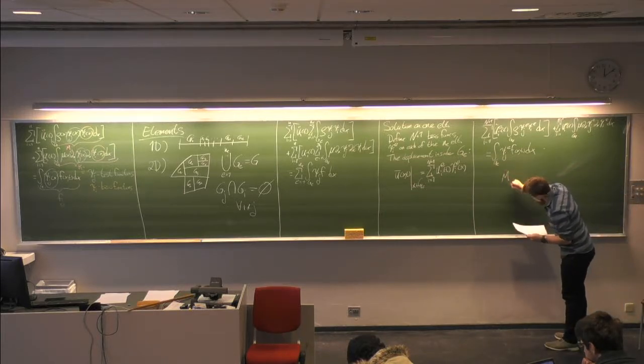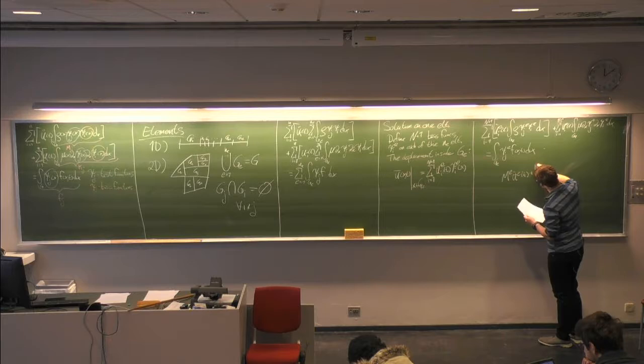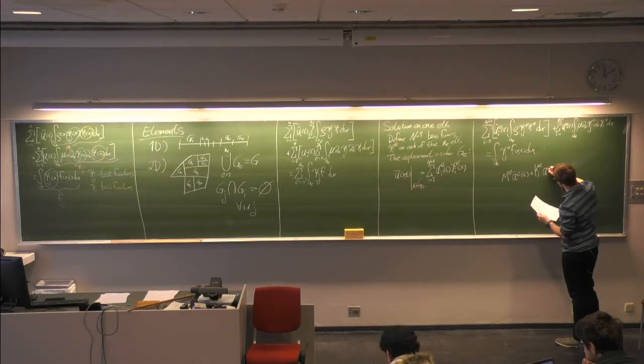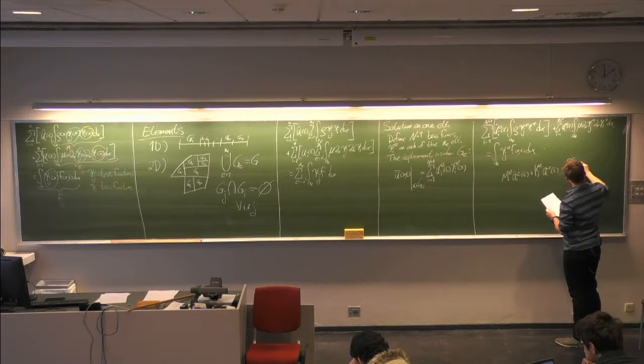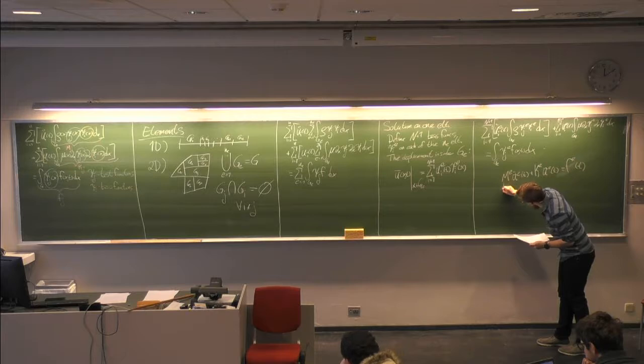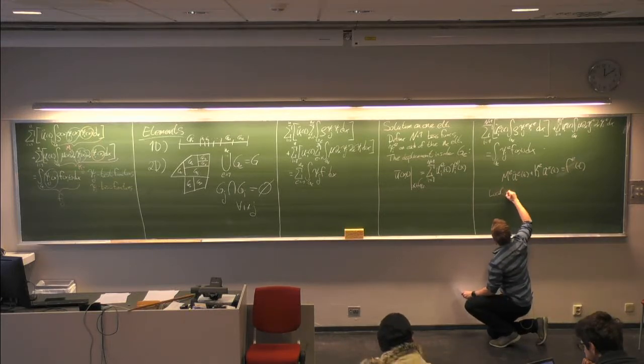Again, we have a matrix formulation of this, A E at T, f of E, the local mass matrix.